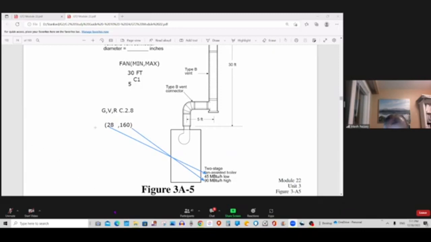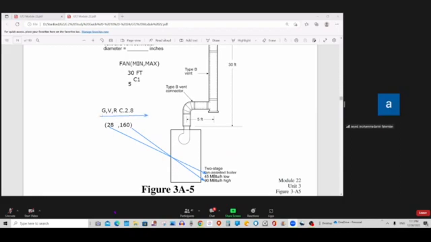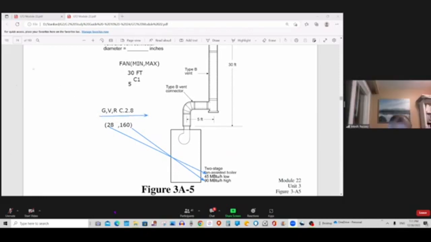Since we do have this condition, the size is okay. So for modulating, and for two-stage, minimum should be less than the lowest stage and maximum should be higher than the highest stage. Thank you, Mr. Sayyid.